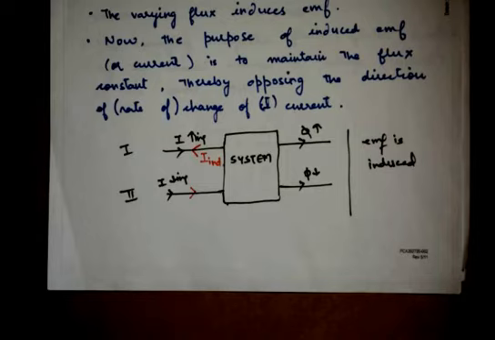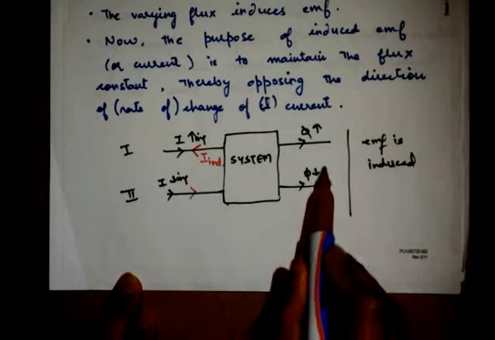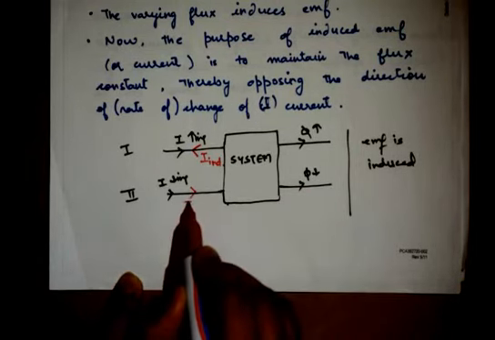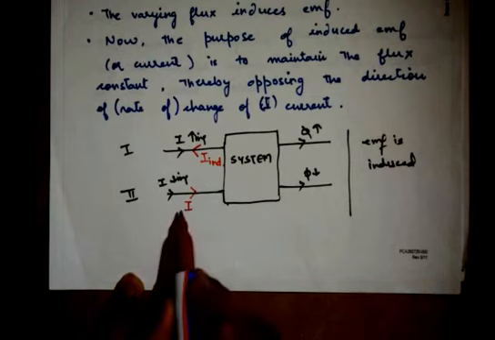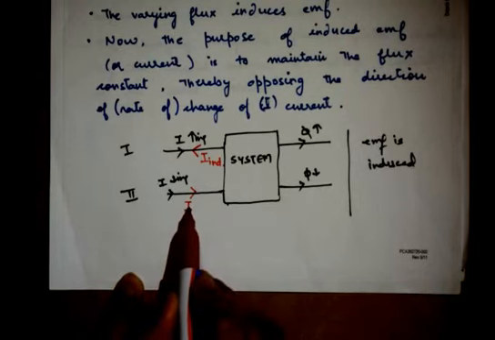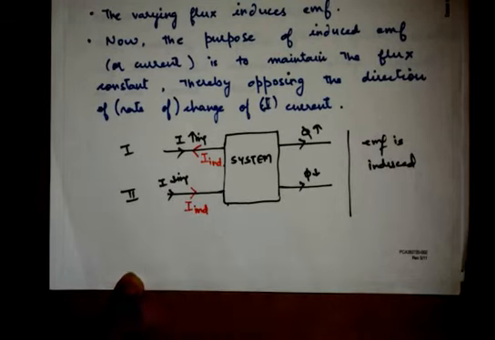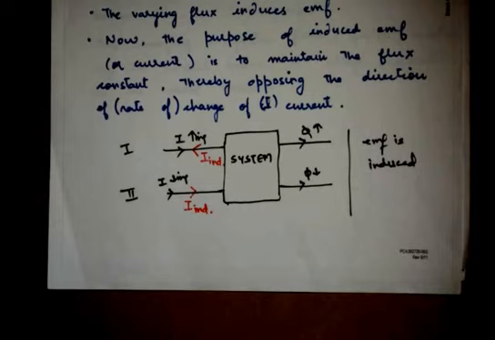Whether the flux is getting increased or decreased, the induced current will oppose the change. So in this case the flux is getting decreased, so this current is going to contribute to that loss. Therefore the direction of the induced current will support the direction of the original current which is flowing in this circuit.